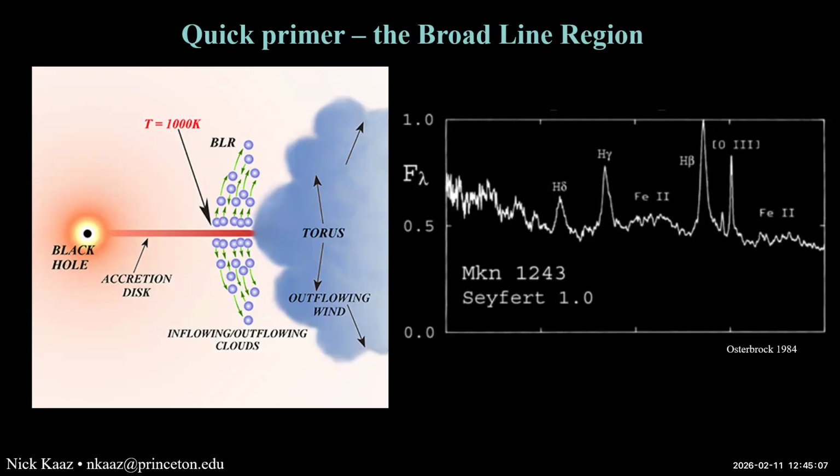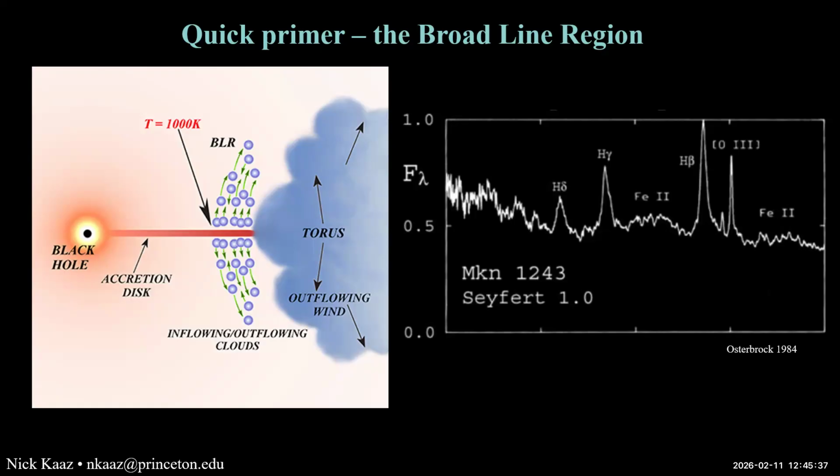What people usually think is that at, say, 10 to the 3 to 10 to the 4 gravitational radii, there is perhaps some tenuous optically thin region of connected clouds that are rotating perhaps in a circle or in an outflow geometry. And these are photoionized by the central engine. When they are photoionized, they become hot and they re-radiate and produce emission lines, okay?